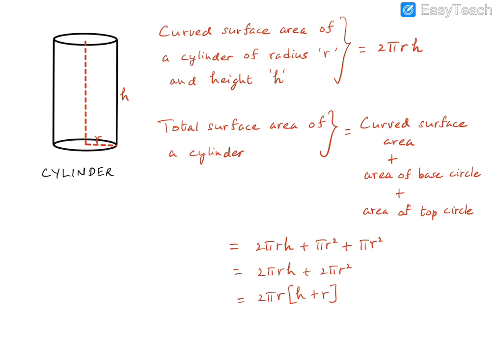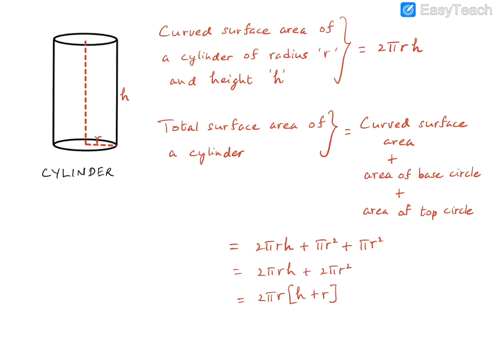So the total surface area of the cylinder is the curved surface area, which is 2 pi r h, which we have obtained here, plus the area of the base circle, which is pi r square, plus the area of the top circle, which is also pi r square. So we get 2 pi r h plus 2 pi r squared. Then we take the common factor out, which is 2 pi r, and we get 2 pi r into h plus r. So that's the formula for the total surface area of a cylinder.